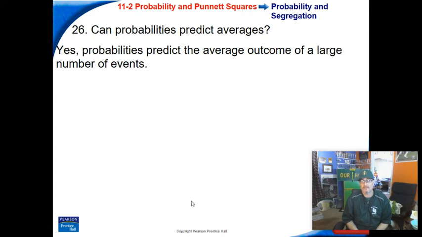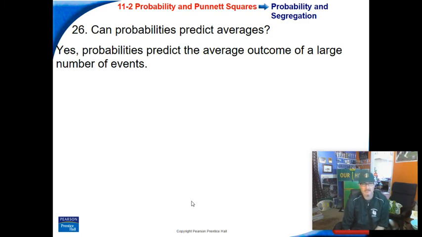Maybe you end up with 9 and 1, maybe 8 and 2, 7 and 3, 6 and 4. There is a high probability that you will not get 5 and 5 when you flip it 10 times. But if you flip it 100 times, you're probably going to get close to something like 48 and 52, or 47 and 53, or 49 and 51. You might actually get 50 and 50.